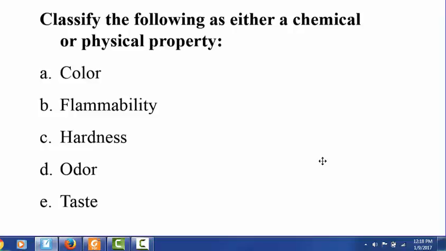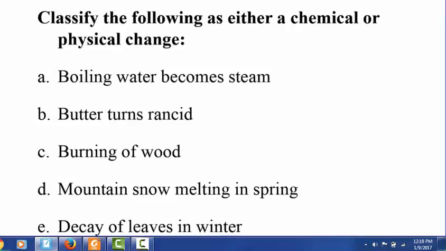So I would make the argument that taste is a chemical property because we observe it through a chemical change. That is the first step of digestion, our saliva in our mouth starting to break down that substance. So that is classifying things as either being a physical or a chemical property.